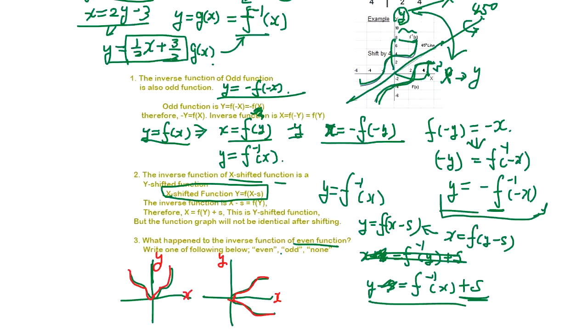So it's not even, odd, none, right? The inverted function of an even function is not going to be even or odd. It's going to be none of the above.